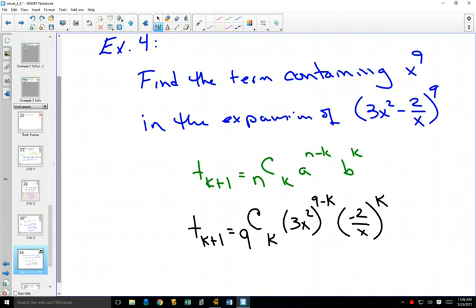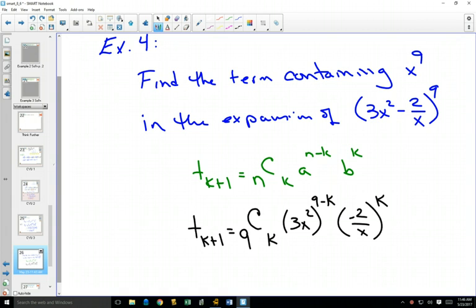How many terms in total are there going to be in the expansion? 10.